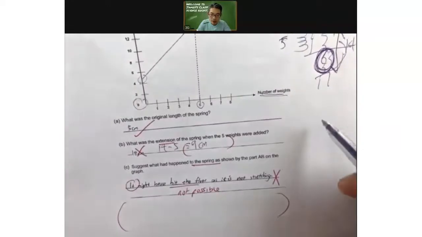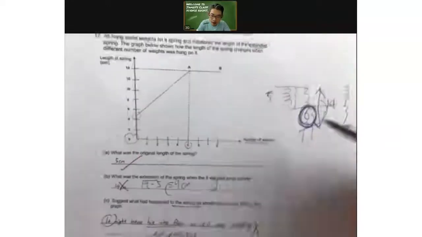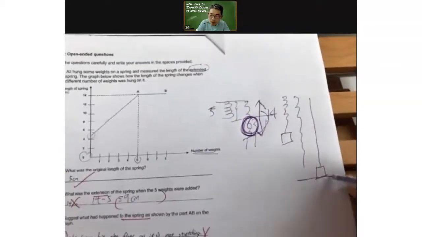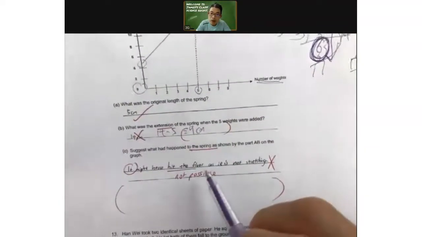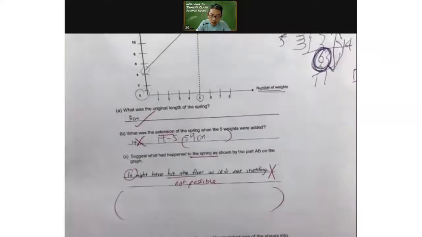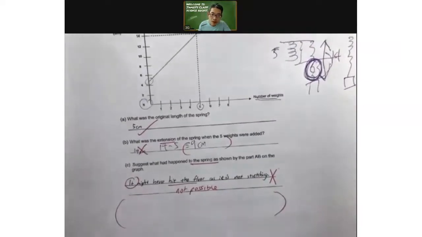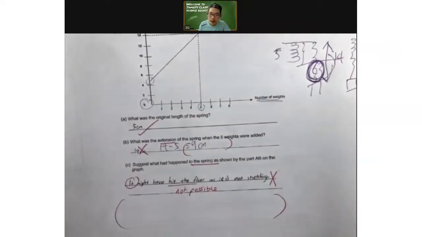Alright, so what must have happened? Now, it couldn't hit the floor because if you are putting a weight to the end, if you extend fully, it is the weight that's hitting the floor, not the spring hitting the floor. This answer has some sense to it, but it is just not possible. So what happened to the spring? You can pause a while and try answering this.